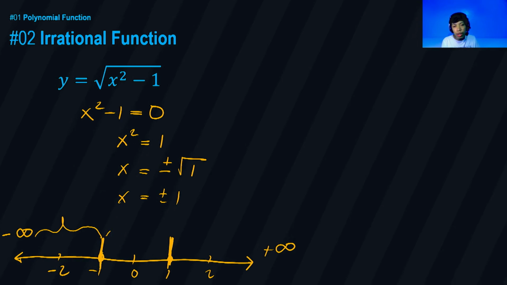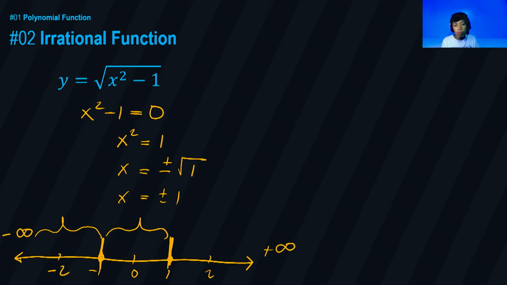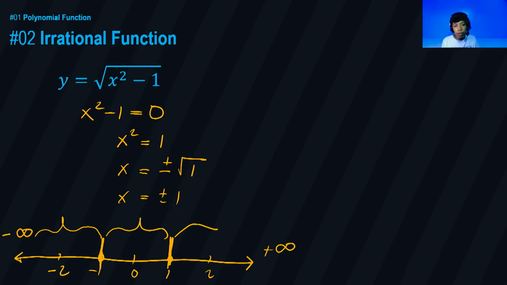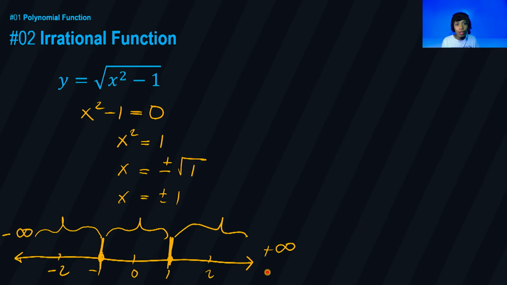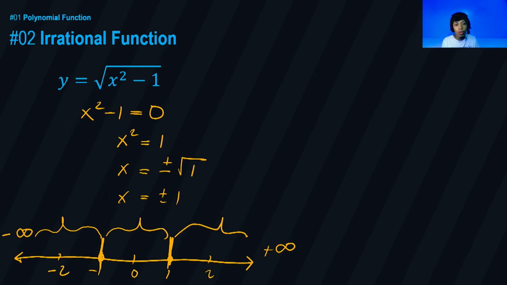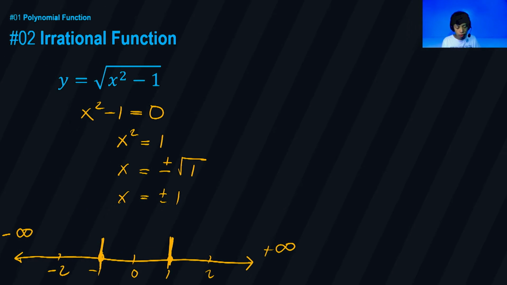It could be this region right here, from negative 1 to negative infinity, or it could be this region from negative 1 to 1, or it could be this region from 1 to positive infinity. We don't know which region. That's why we have to test it.